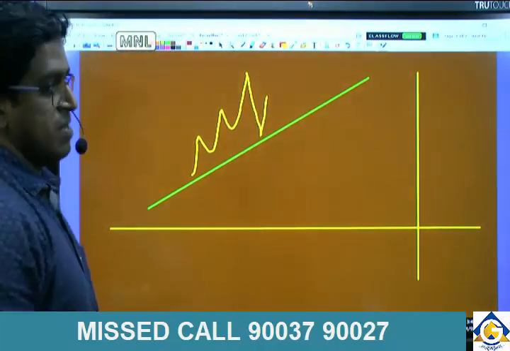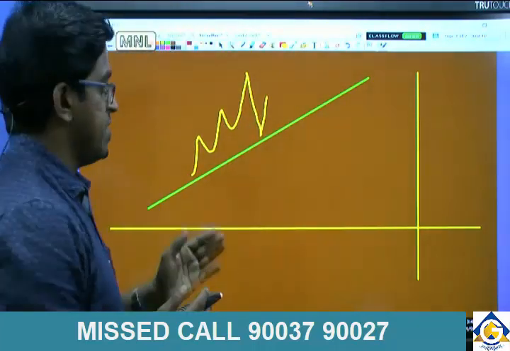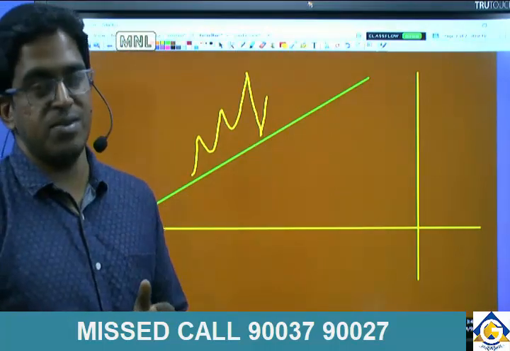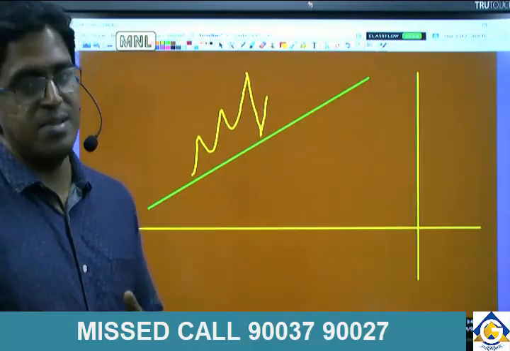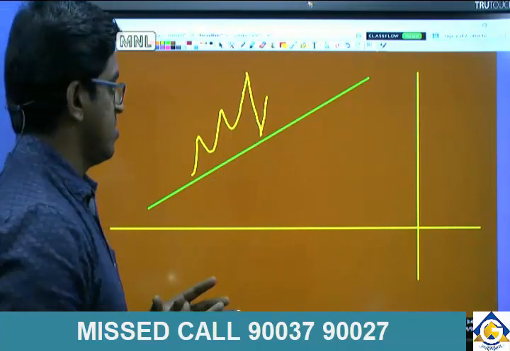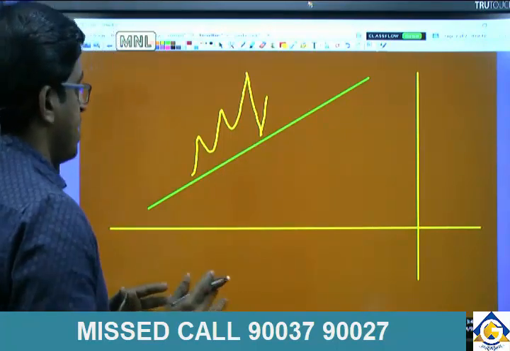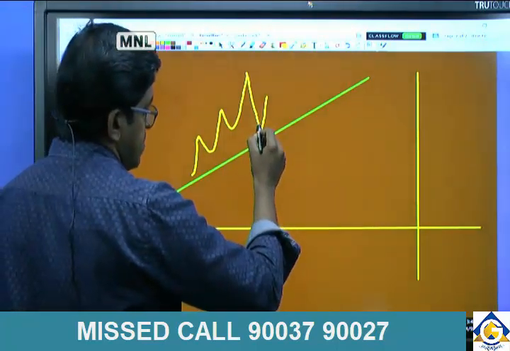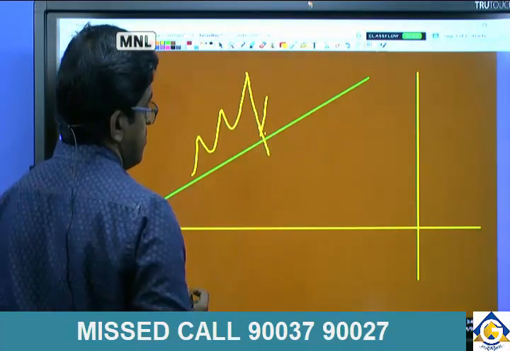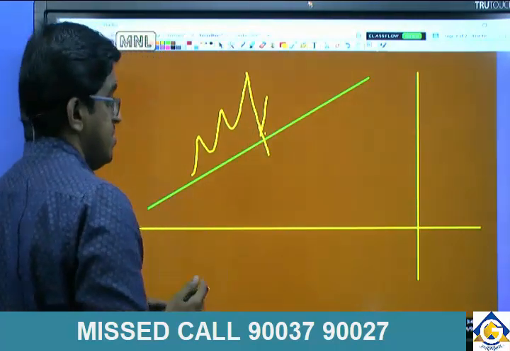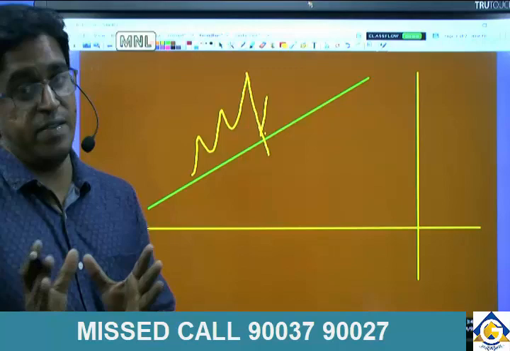We cannot say whether we need to wait for the price to come and hit the trend line, or we need to enter right away. That's a very critical question nobody can answer. Even if the price is breaking a little bit, we cannot say that very clearly when you are using very short time frames.